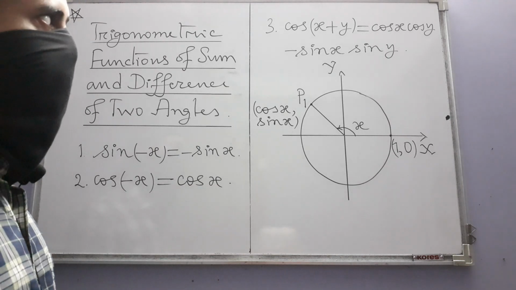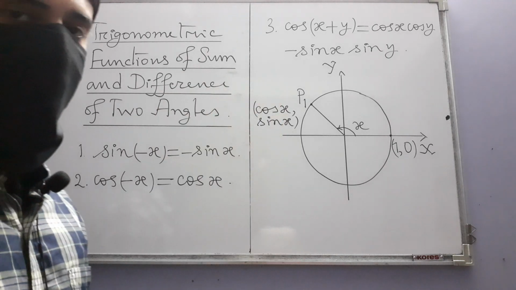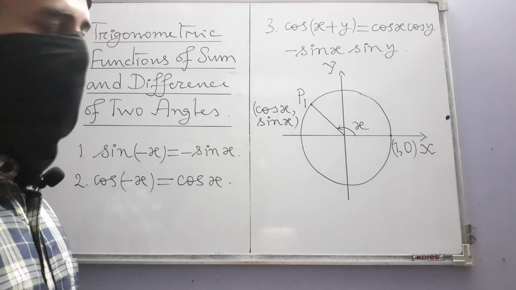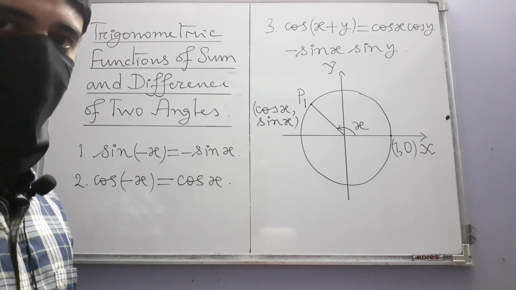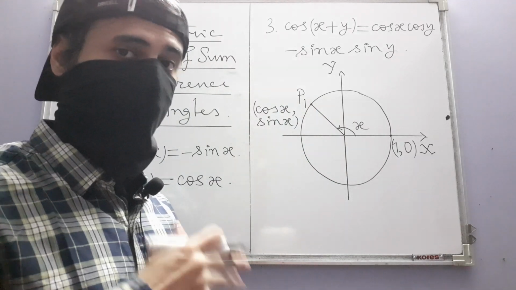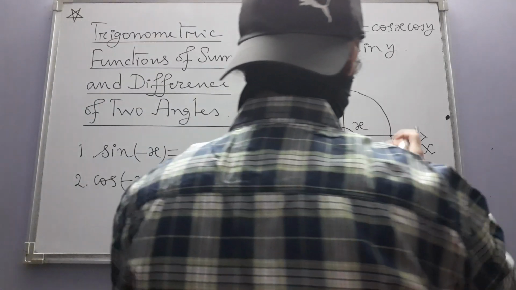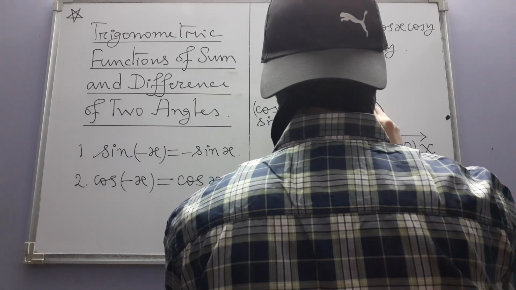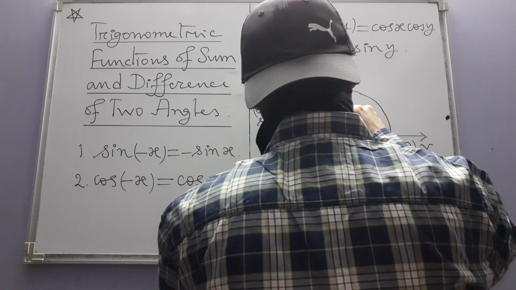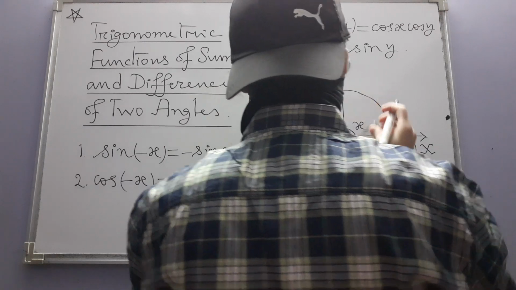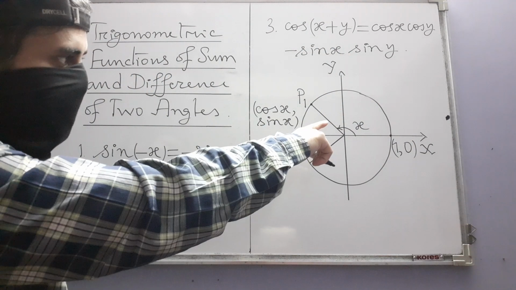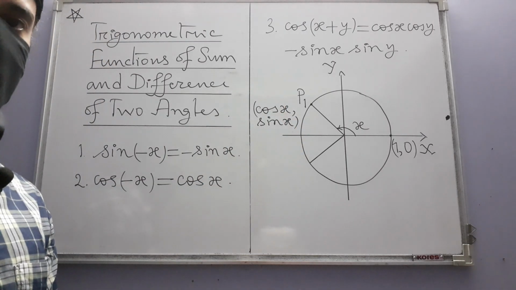Next, we consider the angle y but not in the standard position. We are going to choose the initial line of y as the terminal line of x, and say this is the terminal line of y. And here again we are using the assumption that just like x, y is also positive.